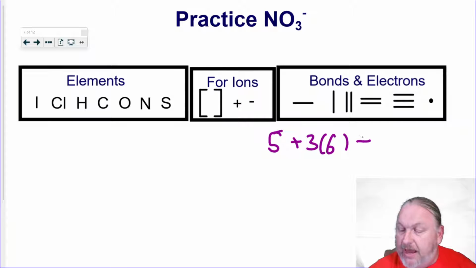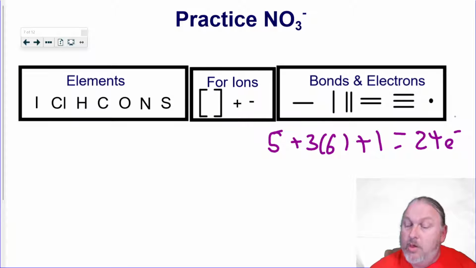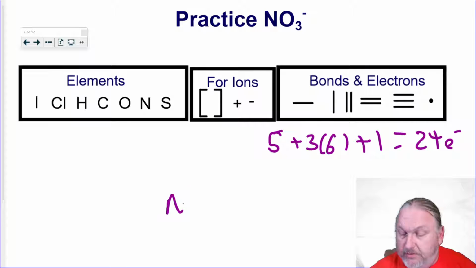Then we're going to add the charge, it's 1 minus, and that's going to give us our number of valence electrons. So that's 5 plus 18, that's 23, plus 1, that's going to be 24 valence electrons. Of course, nitrogen would be center because it's the lowest electronegativity one.